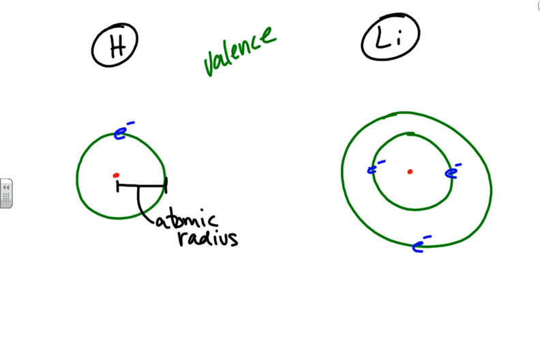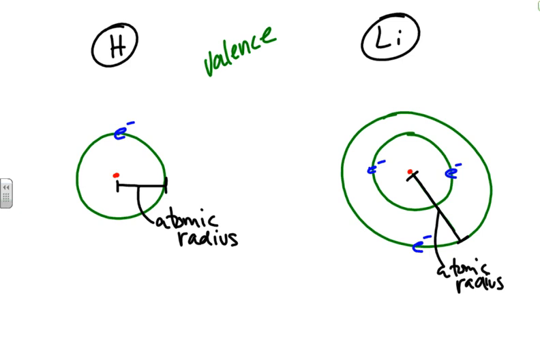So as I go down a group, the distance from the nucleus to the outermost valence electron is going to increase.